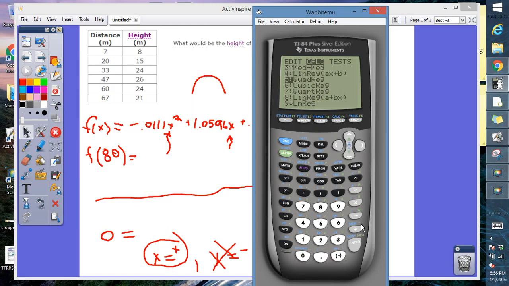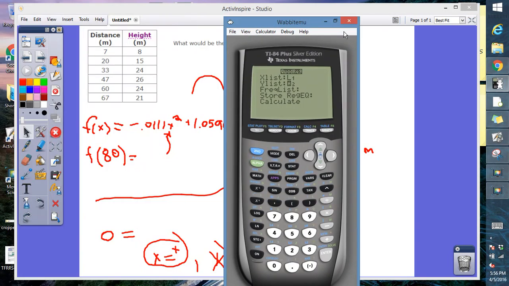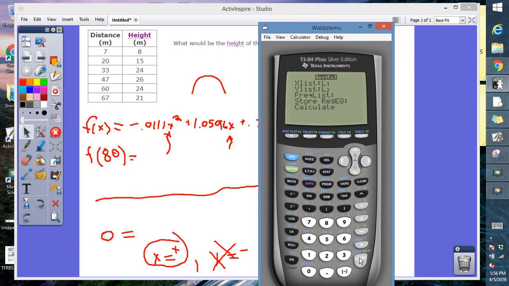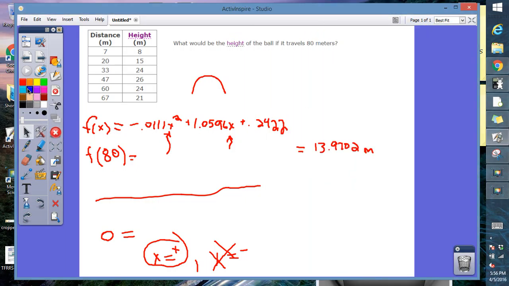All right, so we do our quadratic regression. All of these will remain the same. We calculate it, and we get all of our coefficients A, B, and C. All right, so we get our formula.